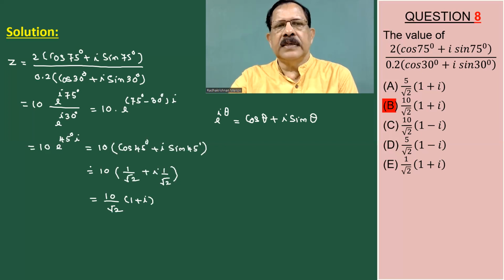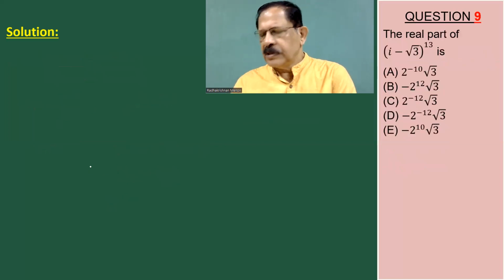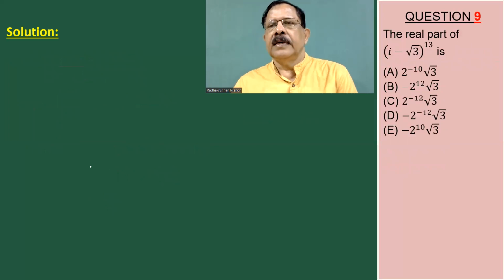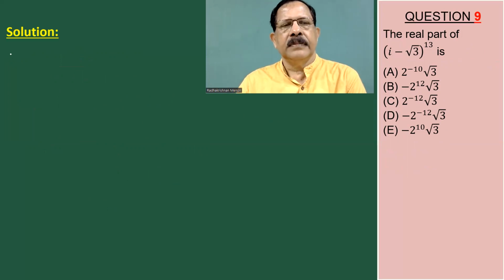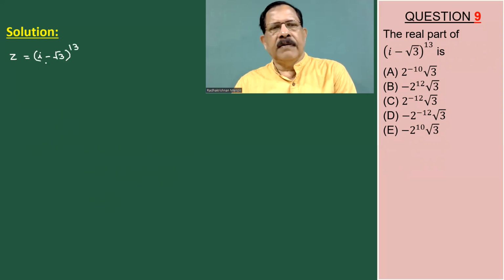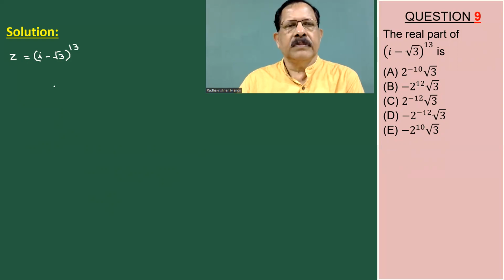Now one more question is there, which was asked in 2018. This is the real part of (i minus root 3) whole raised to 30. The real part. So you know what you should do. You have to express it in the standard form.